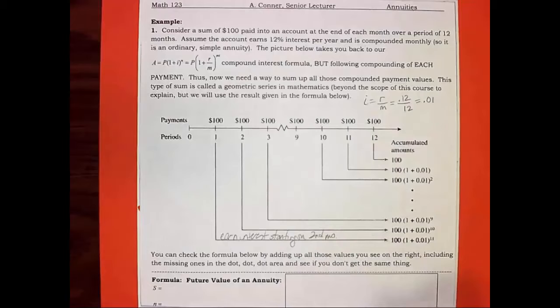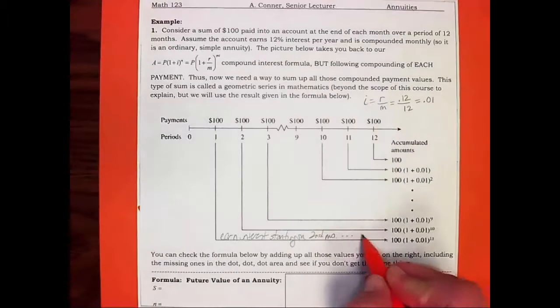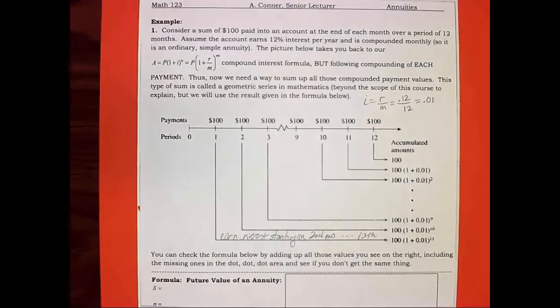So it's going to go from the second to the third to the fourth to the fifth to the sixth, all the way up to the 12th month. And if you count from 2 up to 12, that's going to be 11 compounding periods. So that's why we see this expression here. So that would be how much we've got from that one $100 payment.